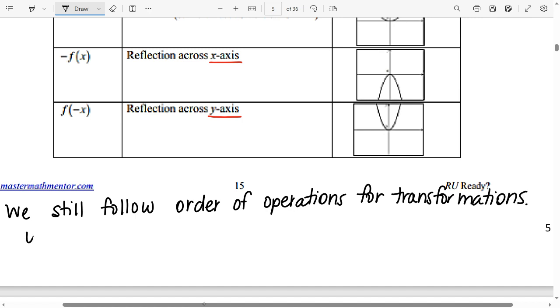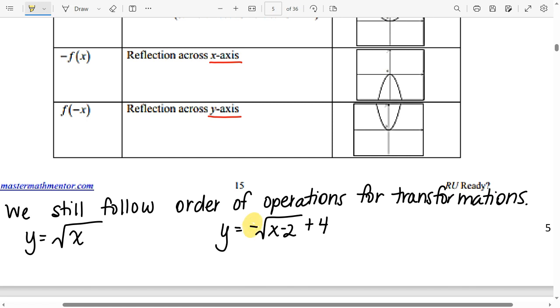So if I have the parent function y equals the square root of x, and then I also have the function y equals the negative square root of x minus 2, plus 4. There are 3 different transformations that are happening.